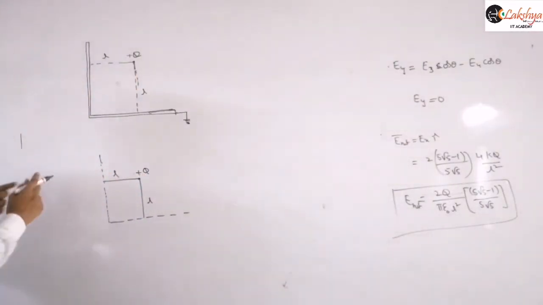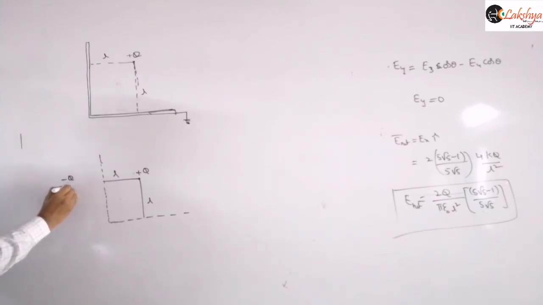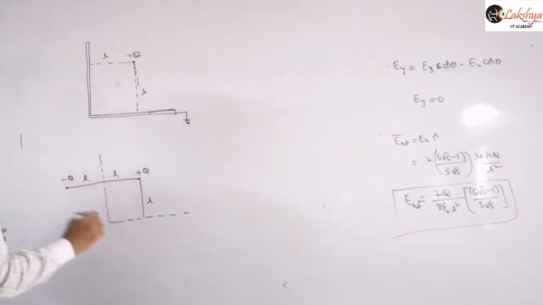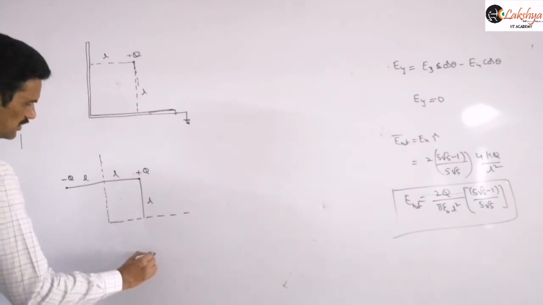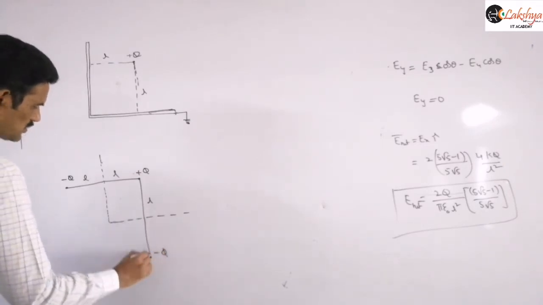So we know its image will be formed here, say at a distance L, and this charge will be negative. Right? This distance will be L again. And next similarly, due to this, one image will be there, minus Q. Right? At a distance of L.